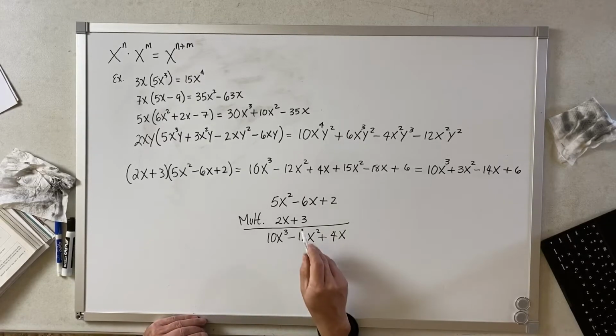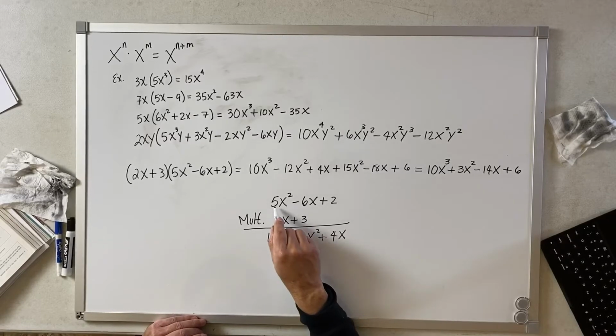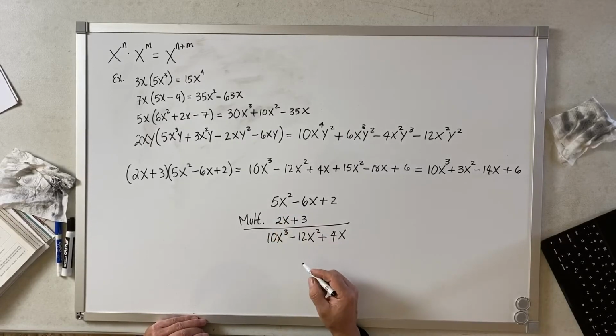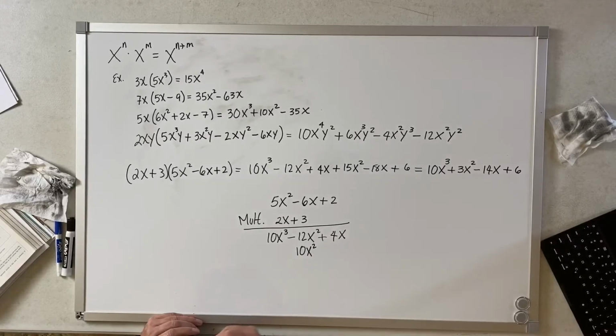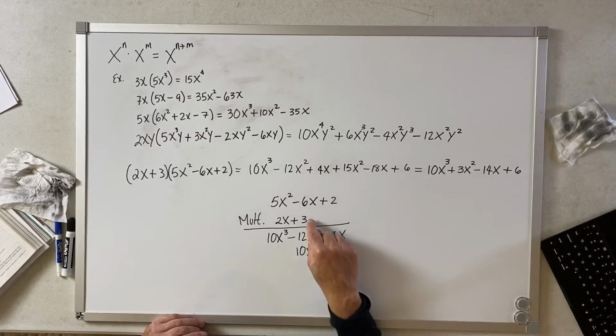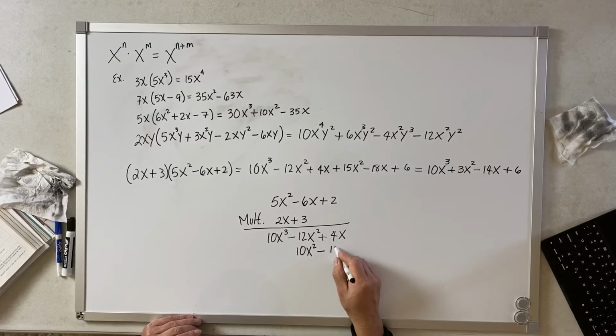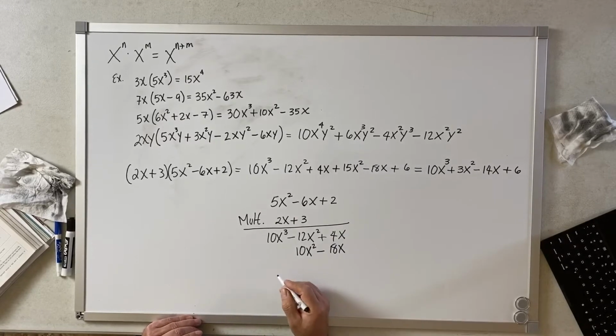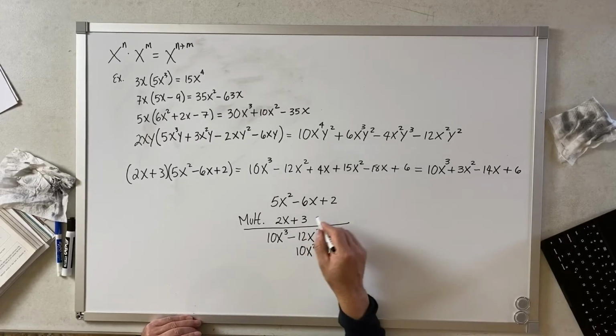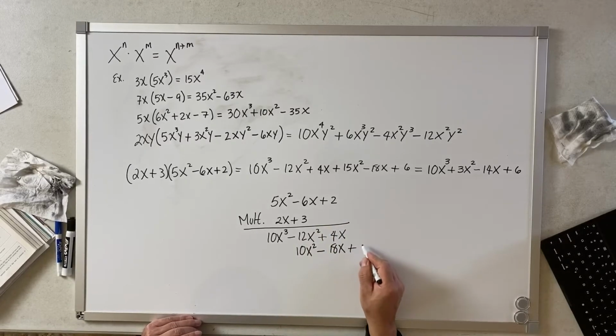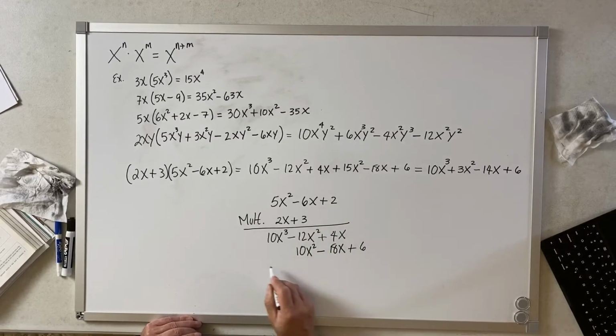So now let's multiply 3 times 5x squared, and that's going to be 10x squared, below that one. See the advantage? And then 3 times negative 6x is what? Negative 18x. And then 3 times 2 is what? Plus 6.